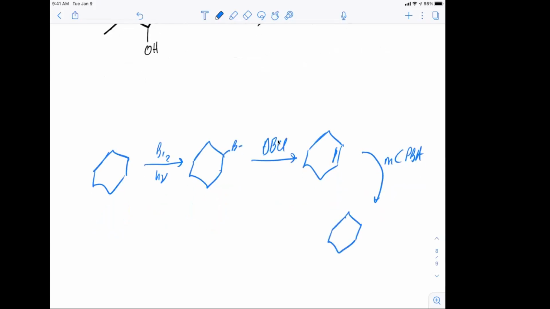That gets me to the epoxide. Again, the epoxide could be at the bottom or the top, but I'm going to say from the top, because then I'm going to use sodium thiolate followed by water, because I need a proton source to get me to the product. Okay, questions about this one?